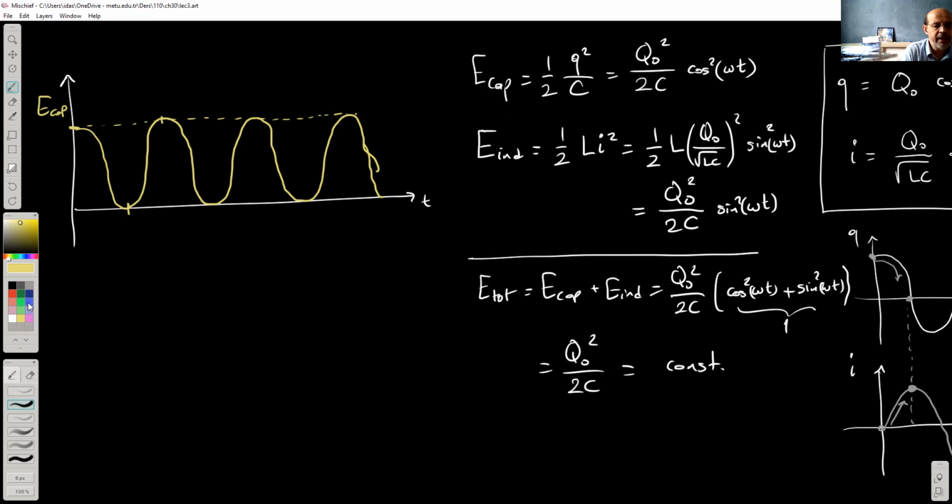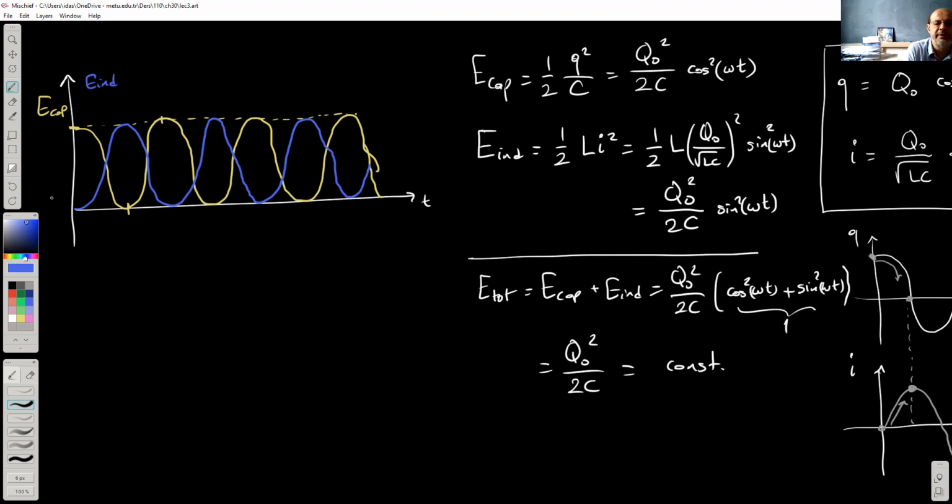So what about the energy of the inductor? I'm going to draw this one like that. The energy of the inductor this time changes like this. Basically, it is maximum when the capacitor energy is minimum, and it is minimum when the other one is maximum.